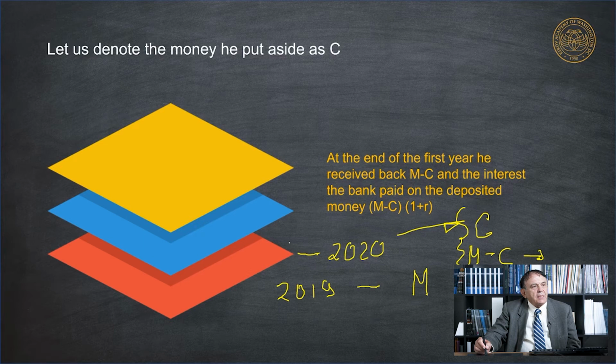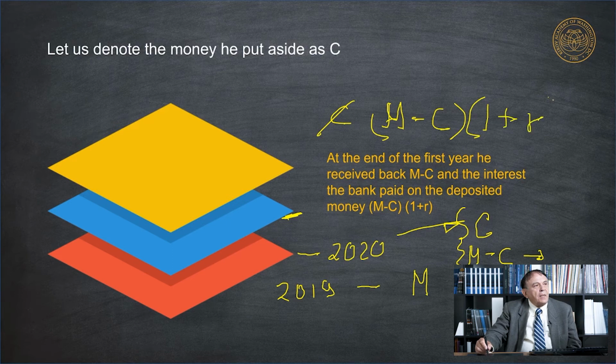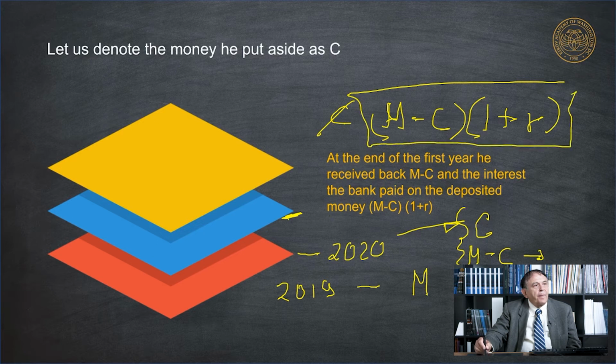So C, he will spend on his bills, and M minus C, he will put in the money market, okay? Now, what would happen at the end of 2020? At the end of 2020, he will spend this C on his bills, but the money market will pay him principal plus interest.